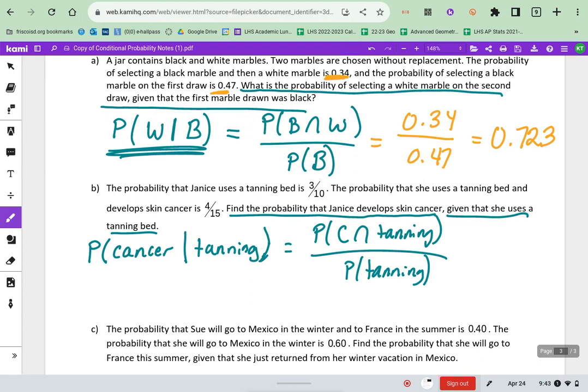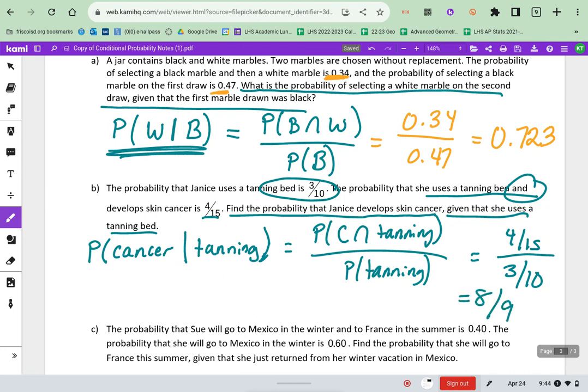The probability she uses a tanning bed is 3 out of 10, so that's our denominator. The probability she uses a tanning bed and develops skin cancer is 4 out of 15, so that's our numerator. So this simplifies to 8/9.